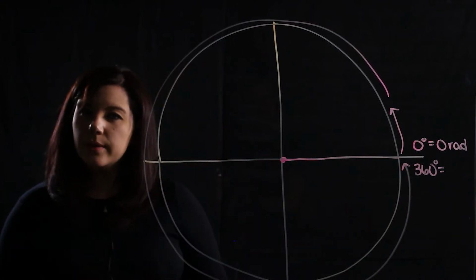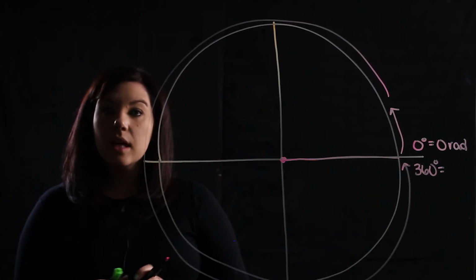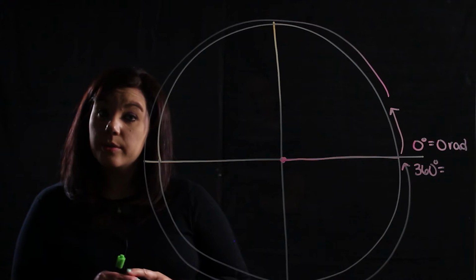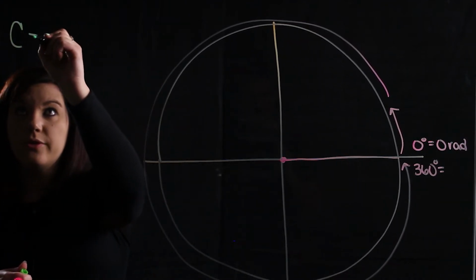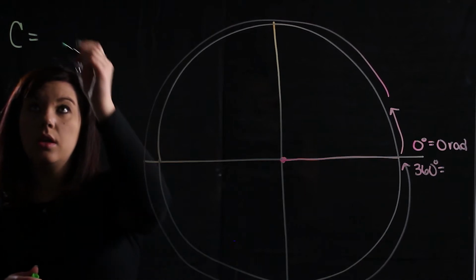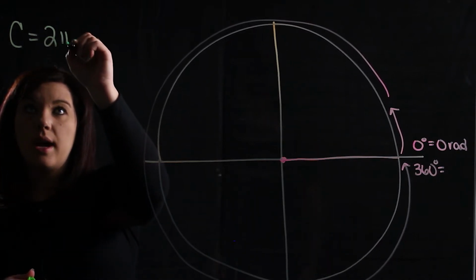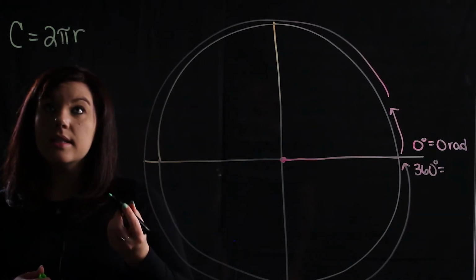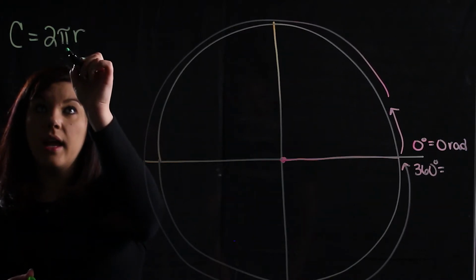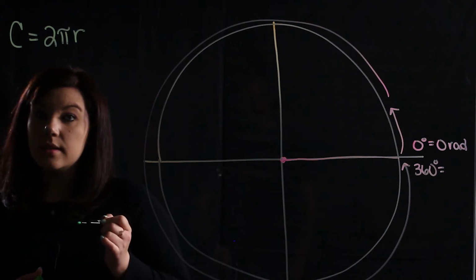So what is that in radians? Well, let's think about some other things that we know from geometry. From geometry, we know that the formula for circumference of a circle is 2 pi r. So what that really means is that we have 2 pi times the radius.